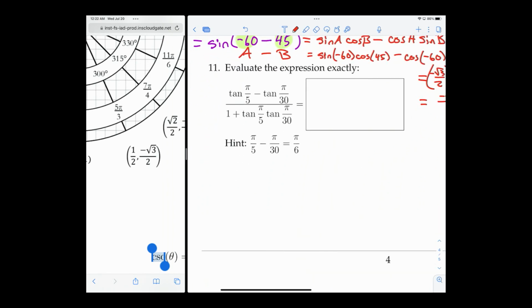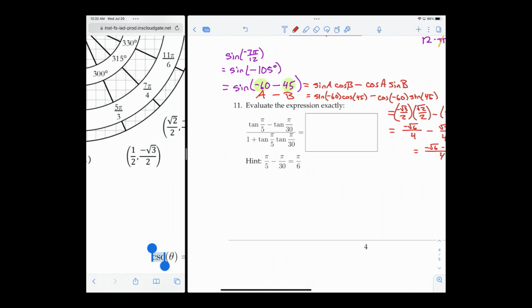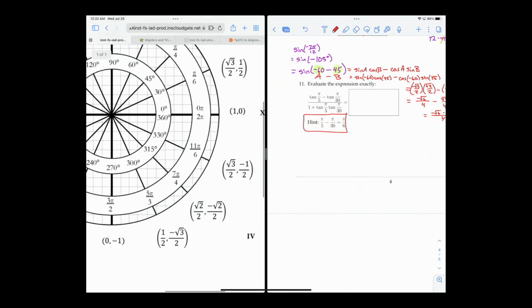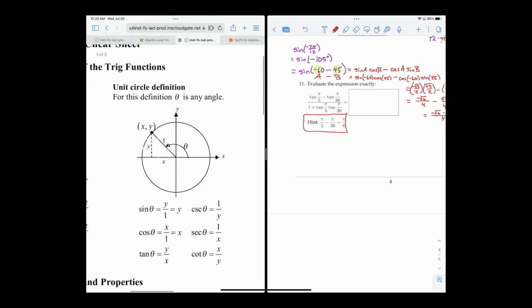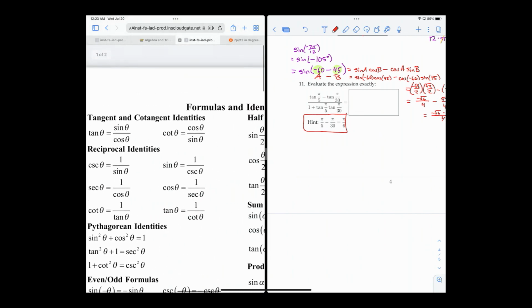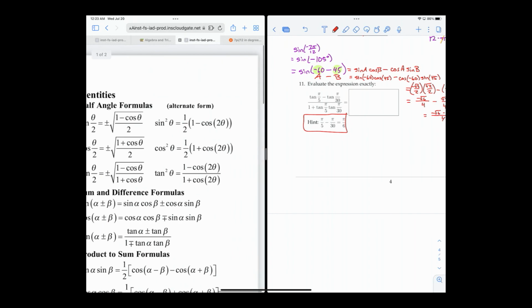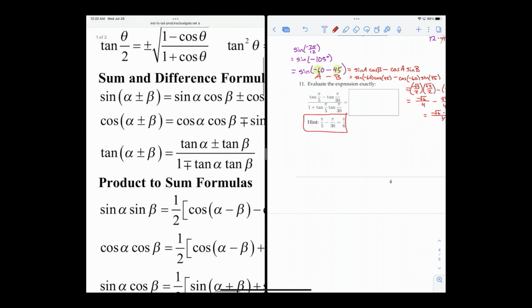Okay, so next question. This should look like an identity. Again, we're only dealing with certain ones. There's a hint here. You don't need it to start the problem, but it will hopefully point you in the right direction. I was trying to point you towards this identity here.